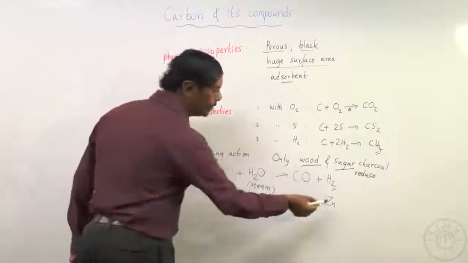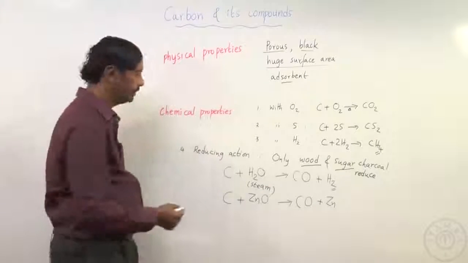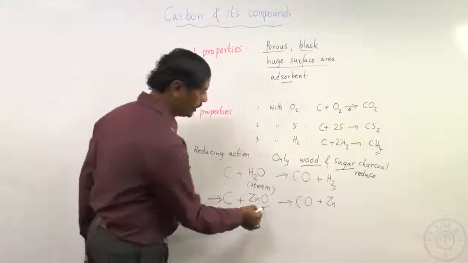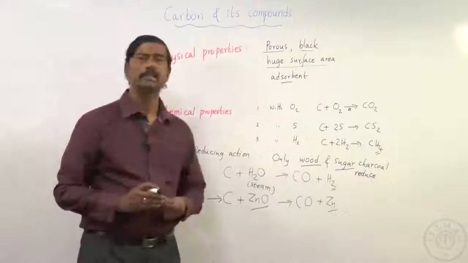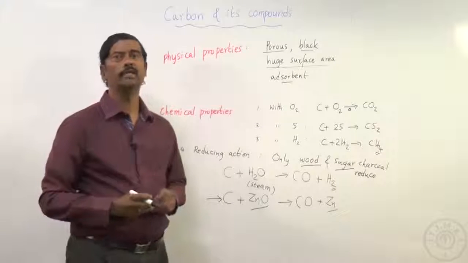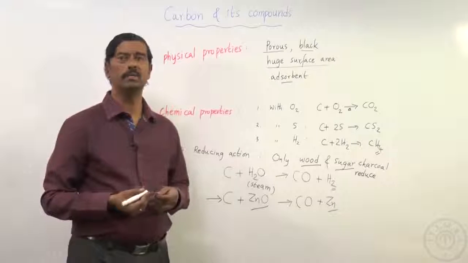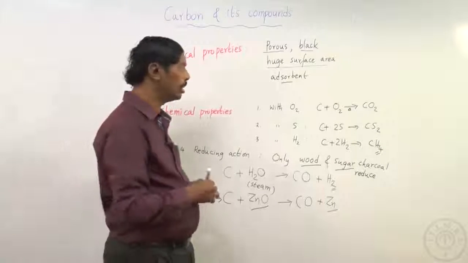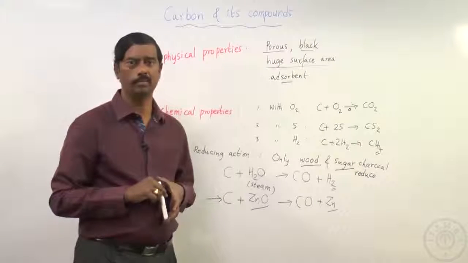Similarly, from zinc oxide, it will make zinc, absorbing the oxygen and turning into carbon monoxide. This is what is used in metallurgy for converting a metal oxide into a metal. So charcoal can function as a reducing agent. Carbon monoxide is also a reducing agent, carbon is also a reducing agent, and it can also react with non-metals such as oxygen, sulfur and hydrogen to form their binary compounds.